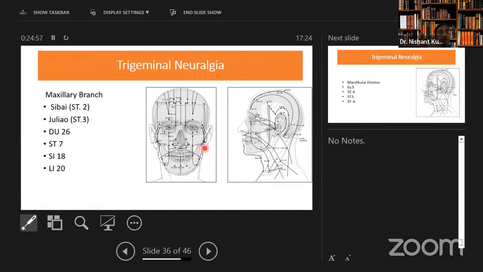So apart from the trigger point that is triggering the attack of the trigeminal neuralgia, you can stimulate these points for a very beneficial effect. So again, there is no need to remember all the points. You have to pick and choose 1 or 2 points, start with 2 points and just gradually increase.